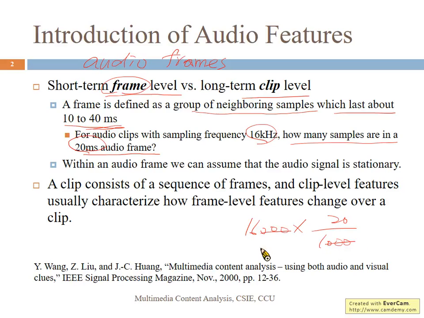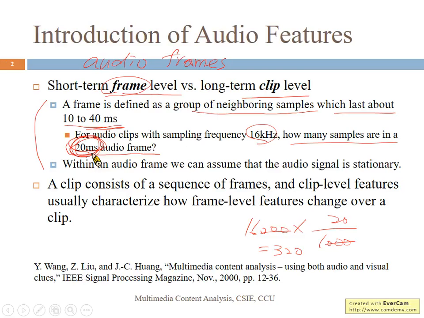Therefore, there are 320 sample points in this 20 millisecond audio frame. Within an audio frame, we can assume that the audio signal is stationary, so that we can apply the Fourier transform to transform the original audio signal into the frequency domain. This is called an audio frame, and we can extract features from such a short time period.